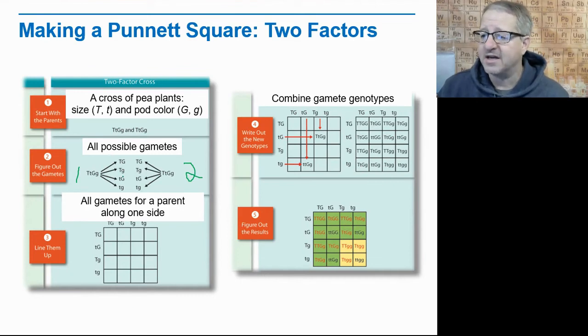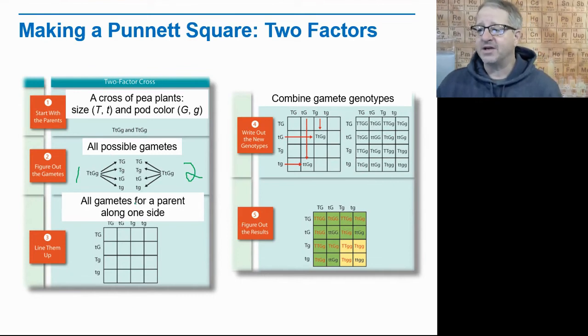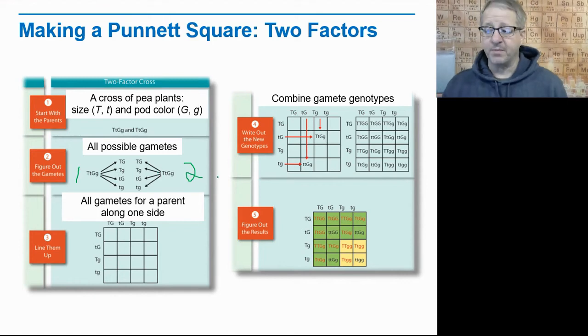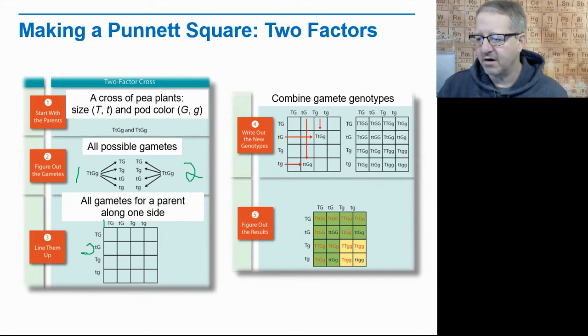So if we take these four possibilities from each of the parents, and obviously they're going to be the same because both parents have the exact same genotype, we're just going to put parent 1 across the top, and we're going to put parent 2 over here on the side. Okay, and they're exactly the same. But then we have to go through and write out our genotypes.